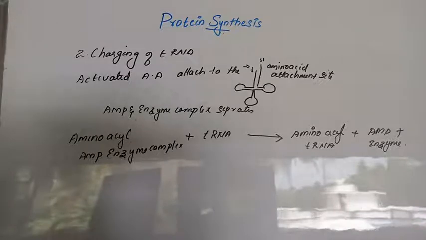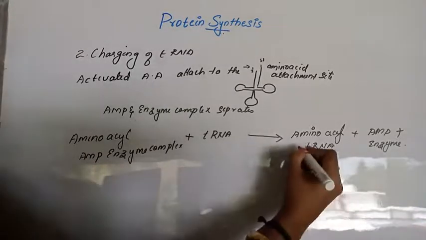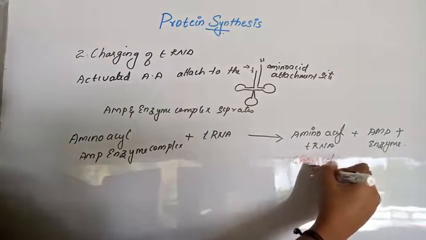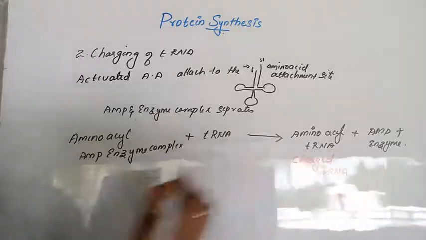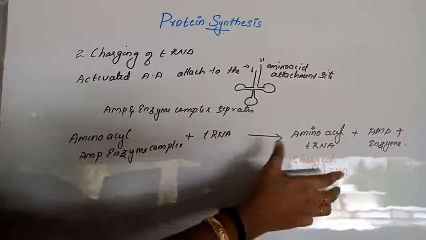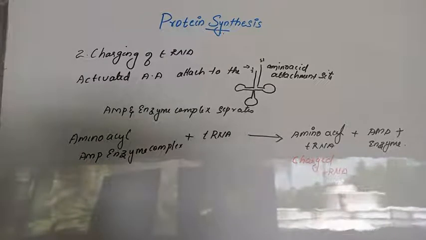Aminoacyl tRNA complex is also called charged tRNA. Now this aminoacyl tRNA is ready to move to the ribosome for the process of protein synthesis.